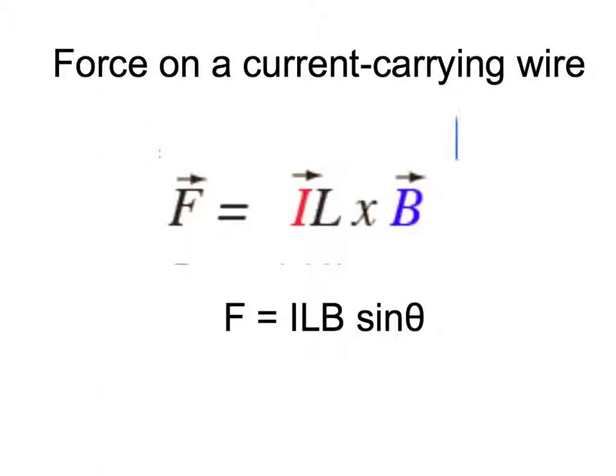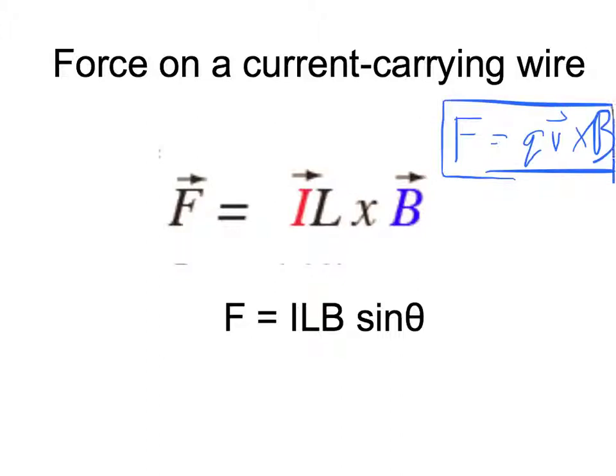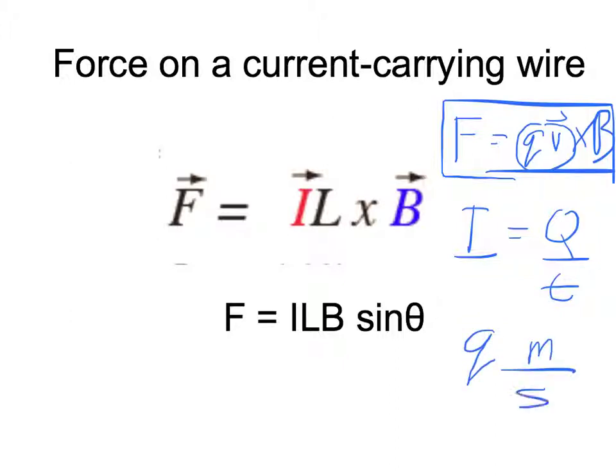It's derived from F equals QV cross B. And it's just the recognition that for a current carrying wire, remember that current is charge over time, whereas in this equation QV would be charge times distance over time. And so we just move the distance out, and the time over here, Q over S, is our current.